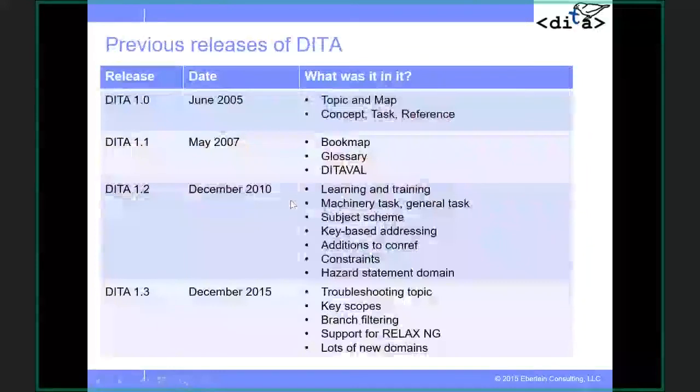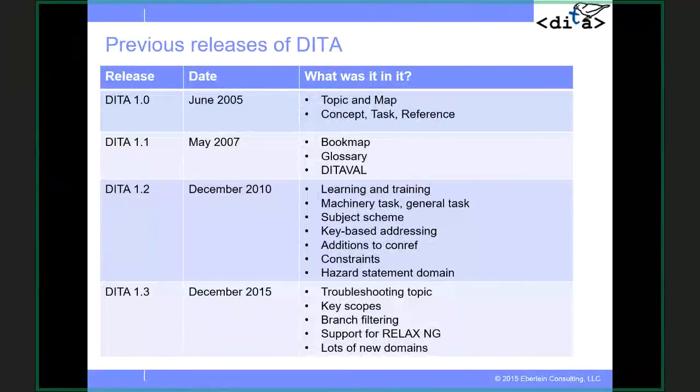So there have been several previous releases of DITA, and just a highlight here of the 4 releases that have preceded DITA 2.0 and what was included in those releases, largely for background information.